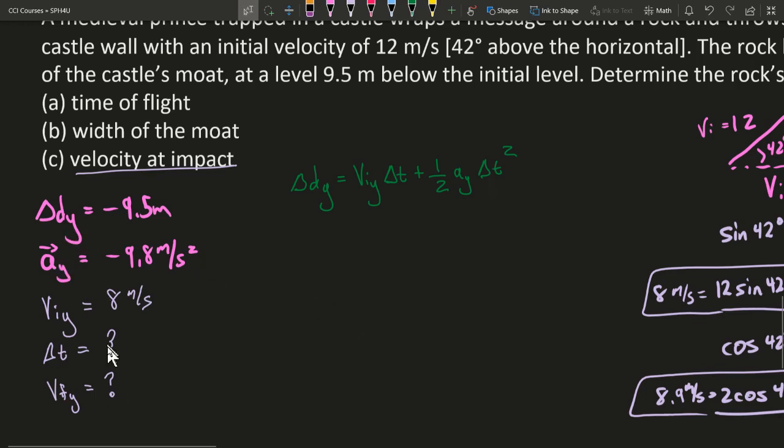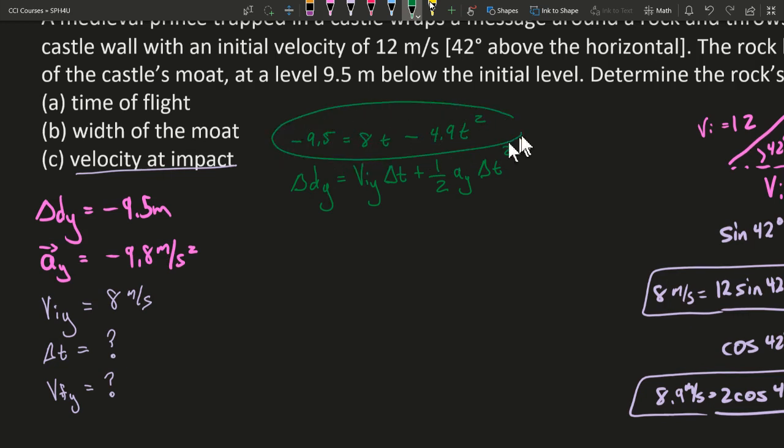And notice in this case, I have an 8 here rather than a 0. And I'm still trying to solve for t. And then here I've got half of gravity, which is 4.9. So I get a negative 4.9 t squared, and then over here, I'm going to get a negative 9.5.